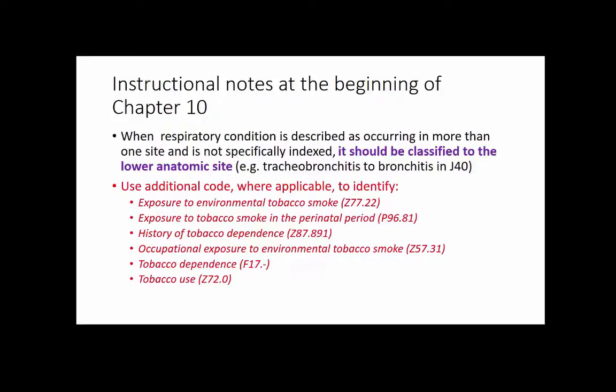This is an instructional note at the beginning of the chapter, so you're not going to find this instructional note with other codes in this chapter. You're going to have to remember that always when you're coding in the respiratory chapter, you're going to have to add these codes to indicate if there's any exposure to tobacco smoke or if there's a patient with tobacco dependence or a history of tobacco dependence or tobacco use.